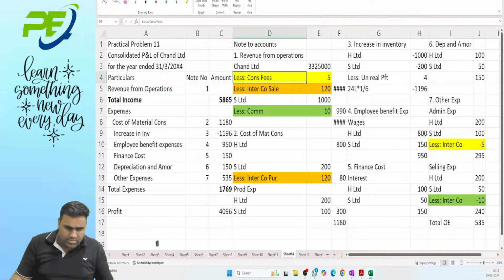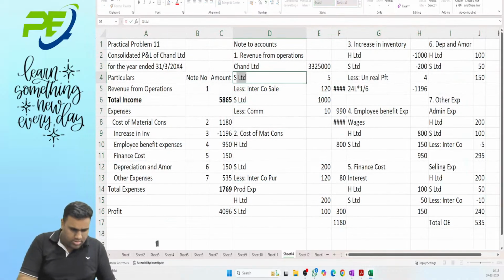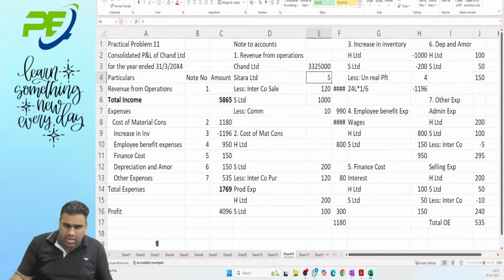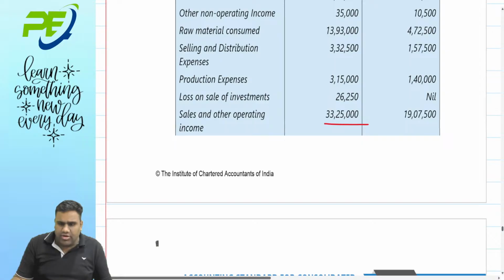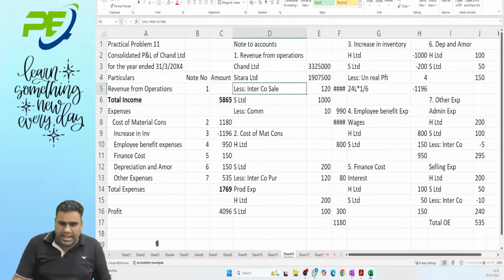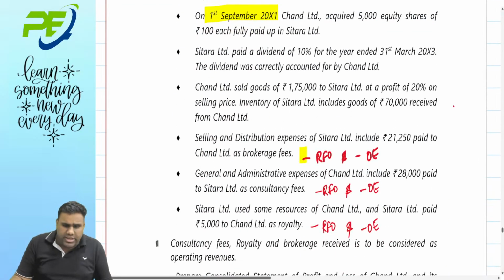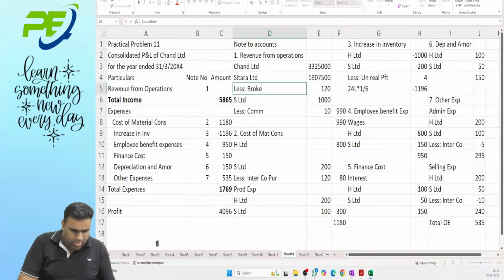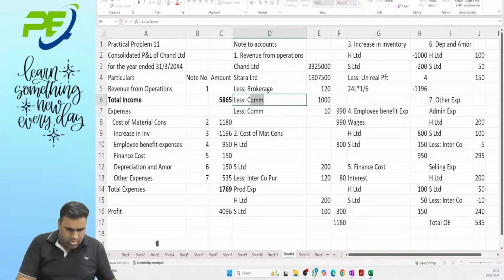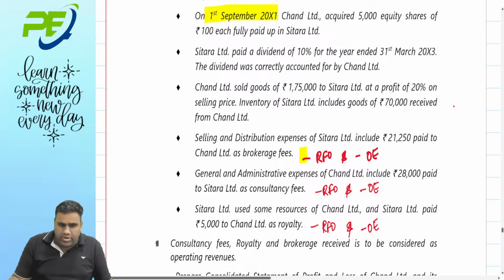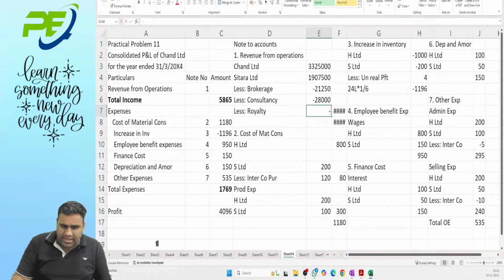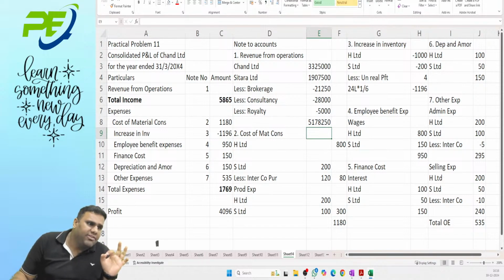And Sitara Limited, it is 19,07,500. 19,07,500 less intercompany, instead of that I can use these three words: brokerage 21,250, consultancy 28,000, and royalty 5,000. So 51,78,250.